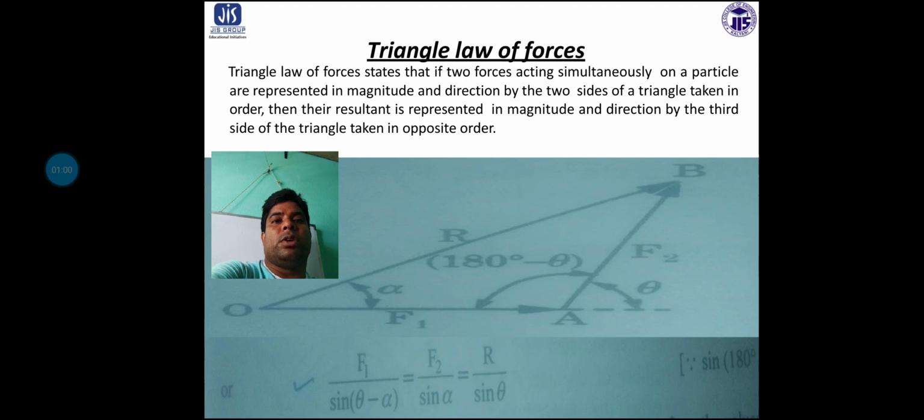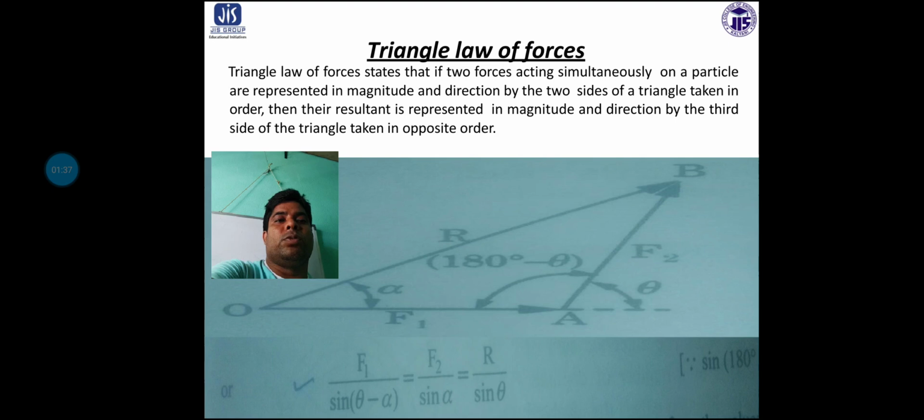The triangle law of forces states that if two forces acting simultaneously on a particle are represented in magnitude and direction by the two sides of a triangle, taken in order, then their resultant is represented in magnitude and direction by the third side of the triangle, which is taken in opposite order.